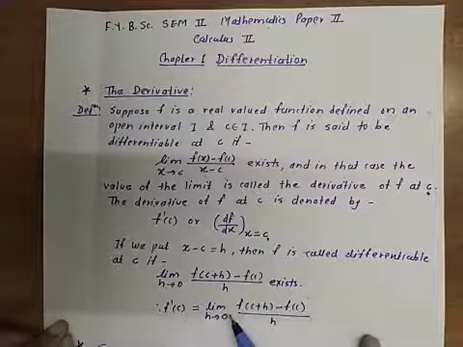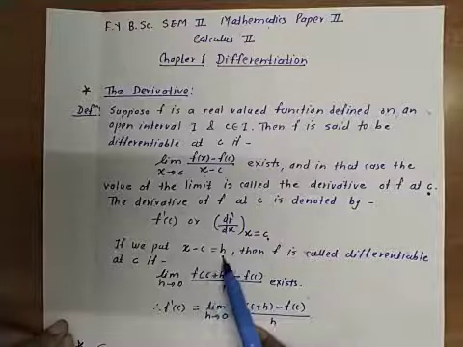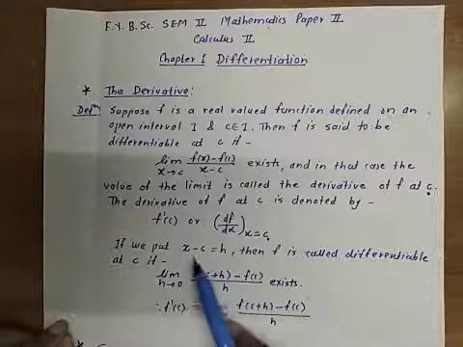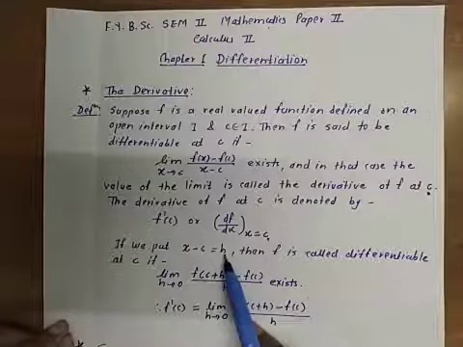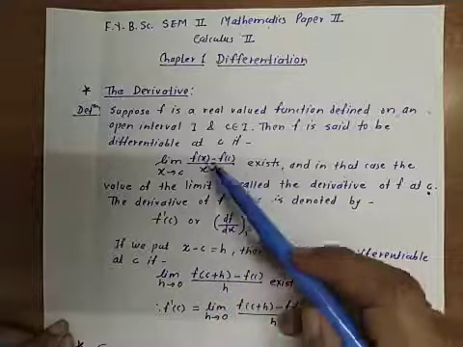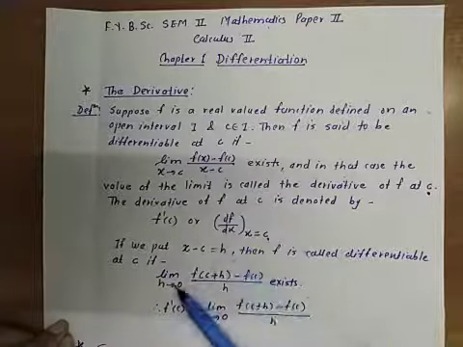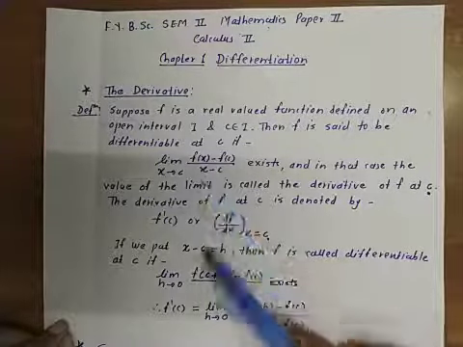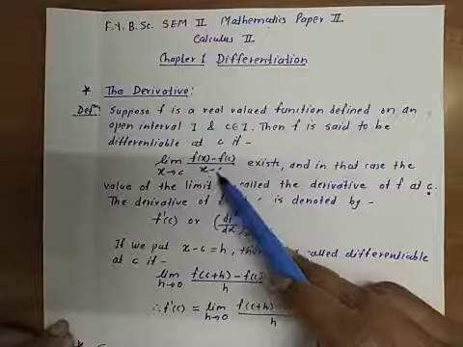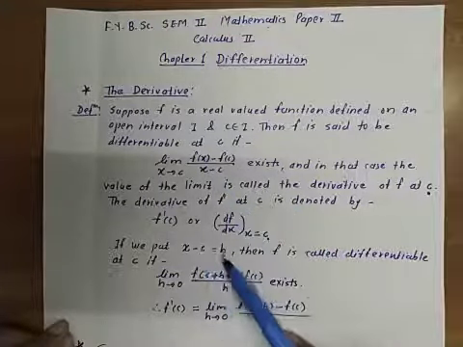Now if we put x minus c is equal to h, then f is called differentiable at c. If we substitute x minus c equal to h, then x will be c plus h. So we can replace x by c plus h, and it will be f of c plus h minus f of c upon x minus c. What is x minus c? It is h.